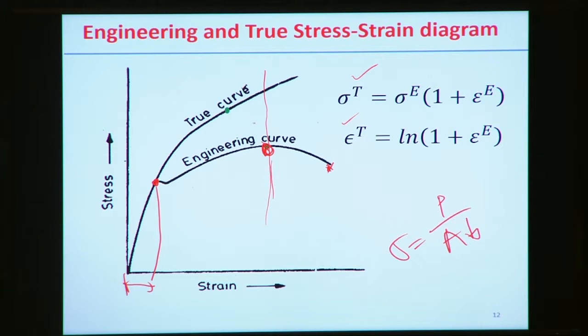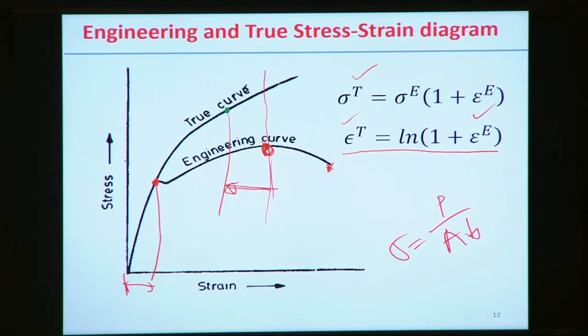So there is some deviation, and that point is different in the true stress strain diagram, because from the relation between engineering strain and true strain, the true strain value is the logarithm of 1 plus engineering strain. On the logarithm scale, the true strain value is less than the engineering strain value. So that's why this point is shifted to the lower side.